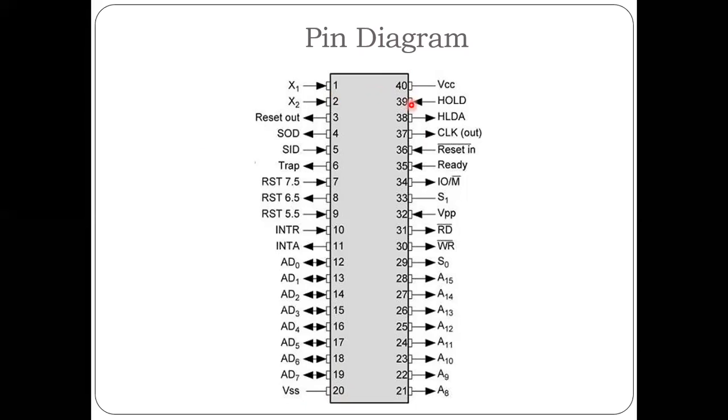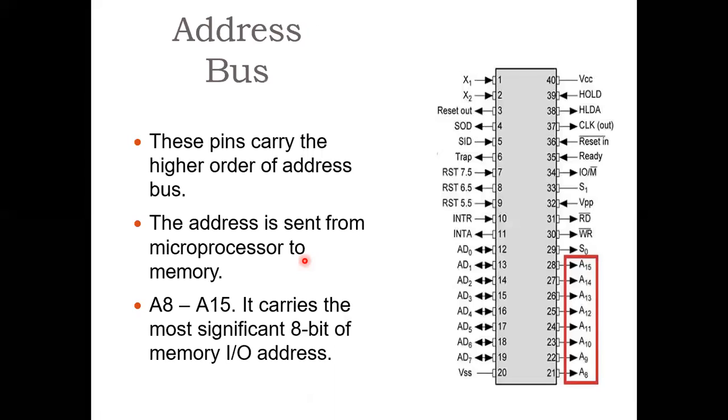In this pin diagram we have different kinds of pins, and we will see them one by one. First the address bus. These pins, 21 to 28, carry the higher order address, A8 to A15.